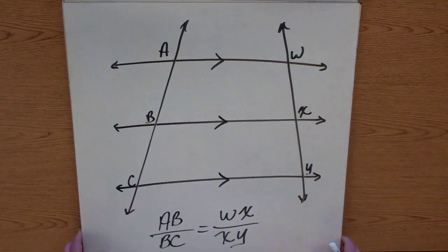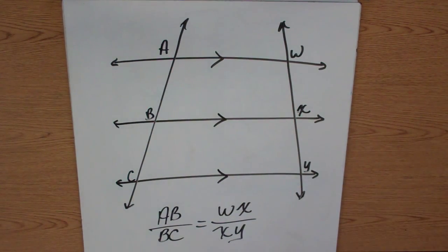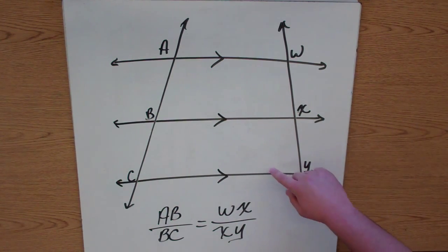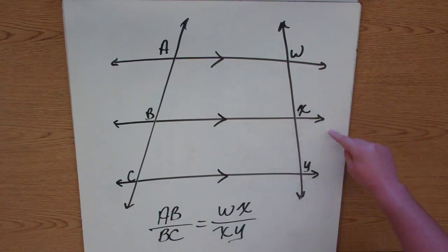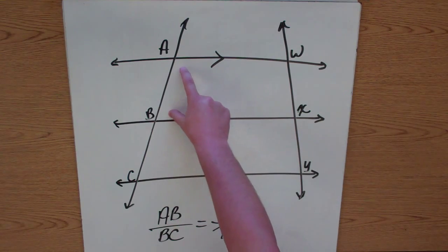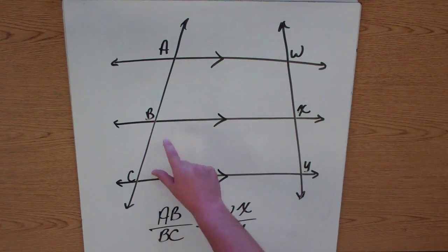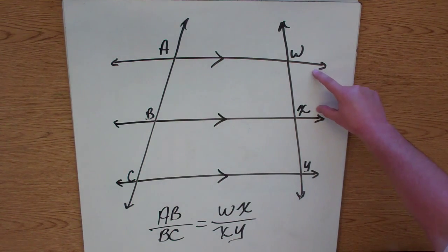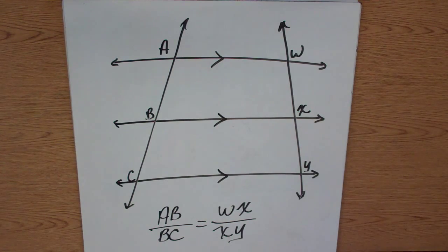Alright, here's our next example. Now, this might look similar to something we've done before. These three lines are parallel. Since we know these three lines are parallel, AB over BC equals WX over XY.